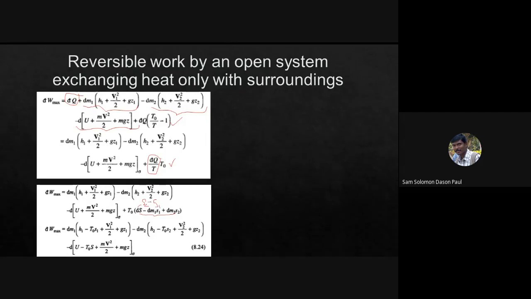So that is t naught into s2 minus t naught into s1. So you can see minus t naught into s1 is absorbed into the first thing, and minus t naught into s2 is absorbed into the second equation.